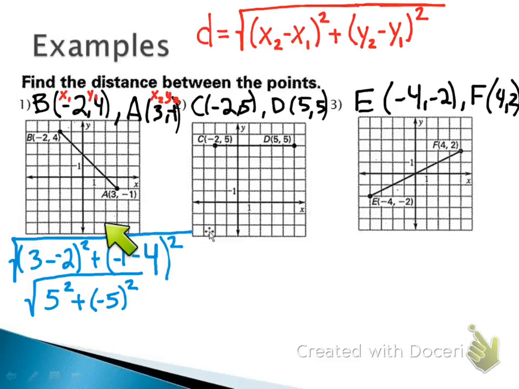If you're getting a distance of 0, you obviously made a mistake. These are way farther apart than 0 units, all right? This should be 25 plus 25, which is the square root of 50. Can anyone tell me what they're getting when you type in square root 50 in your calculator?